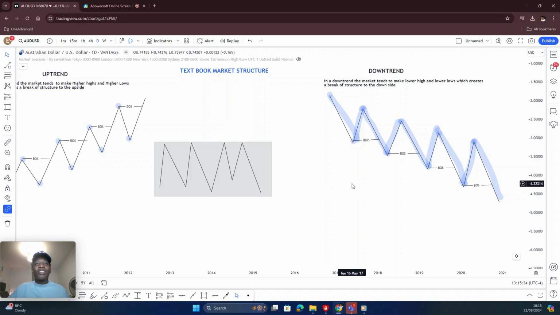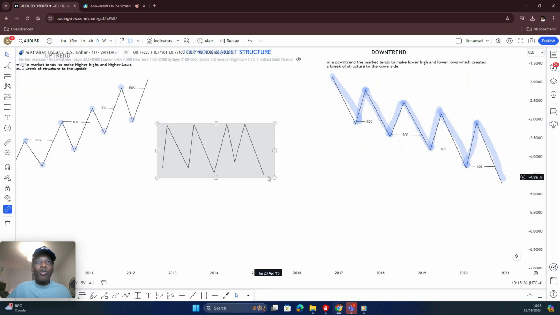Until price gives me some type of break of structure to the downside or to the upside, I'm not trading in this box.